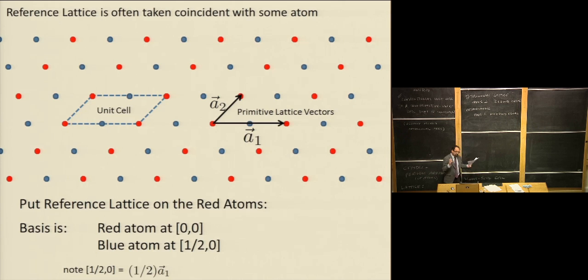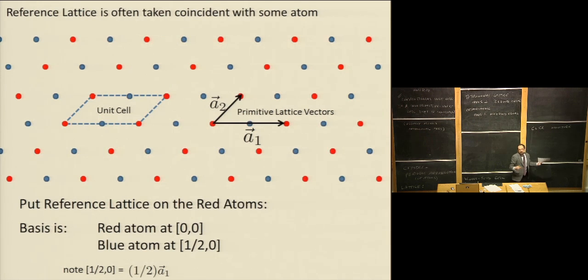Remember, if you have more than one type of atom, it's convenient to put the reference atom at the lattice point, and then give another atom as a basis by giving its position with respect to the reference lattice point. A very important structure is the so-called cesium chloride structure, named that way because the material cesium chloride takes that structure.